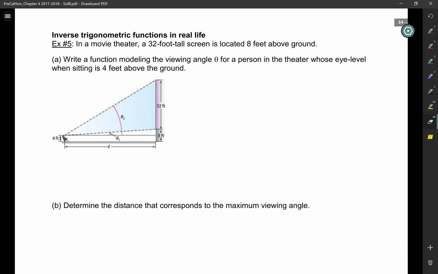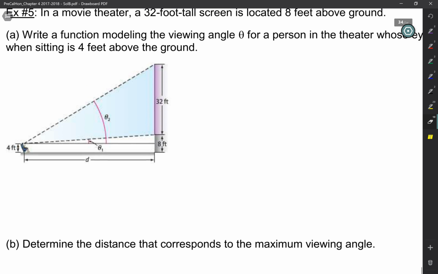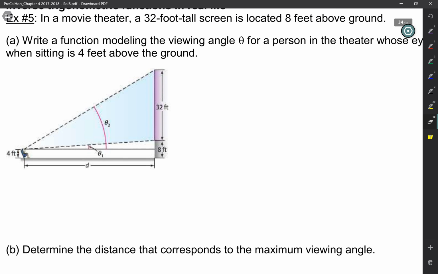The screen starts at 8 feet. Okay? So if we take a closer look here, this is you. You want the function for your viewing angle of the screen. So your viewing angle of the screen is the region inside the 2 dotted lines.